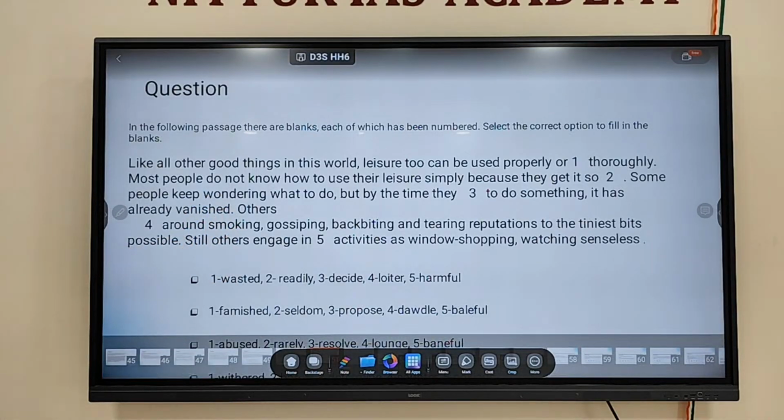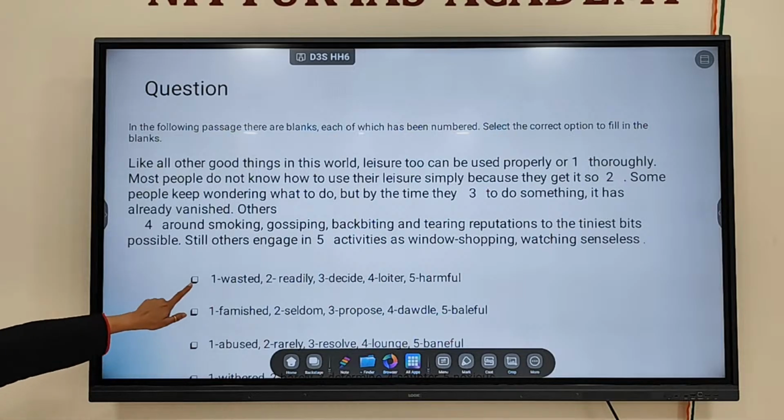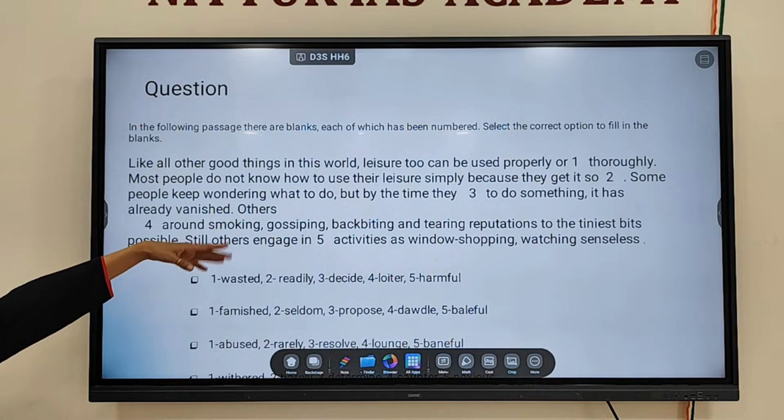Like all the good things in this world, leisure too can be used properly or dash thoroughly. What do you think? First one: leisure could be wasted, famished, abused. Used, abused, I think that goes well.